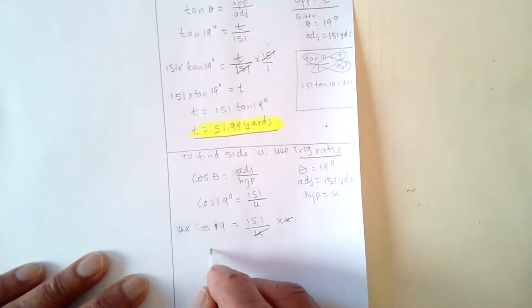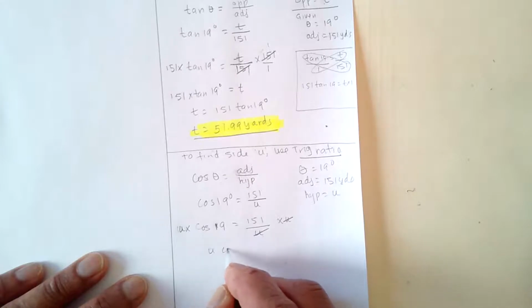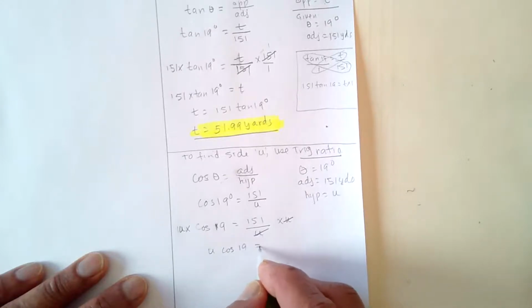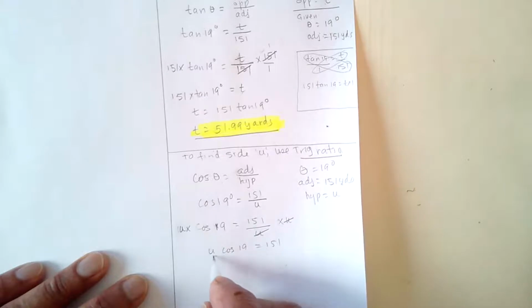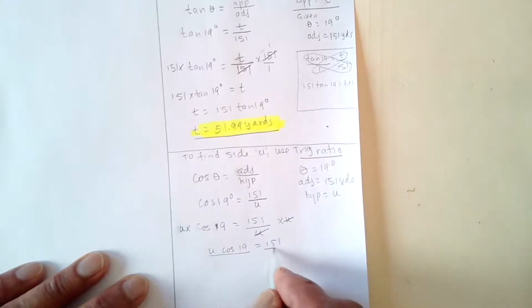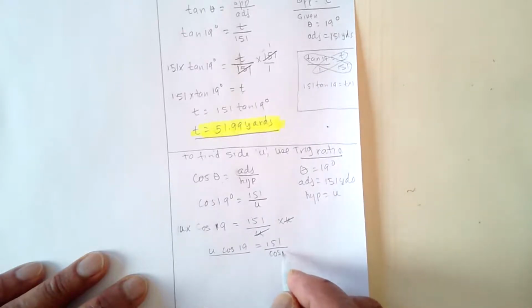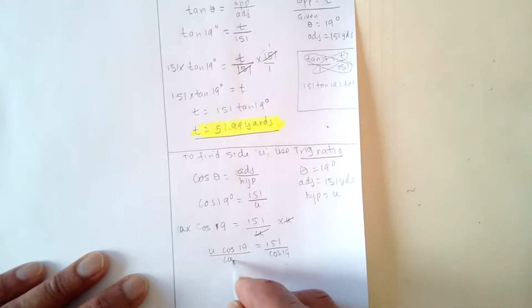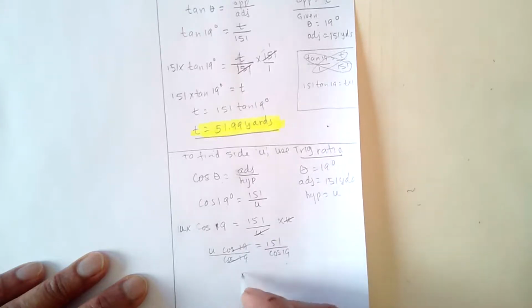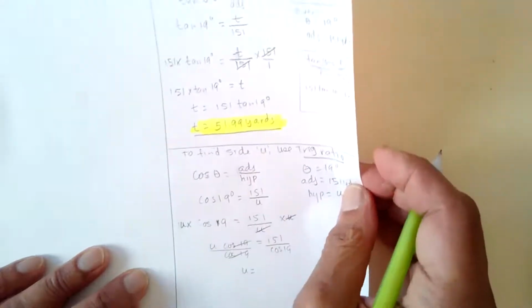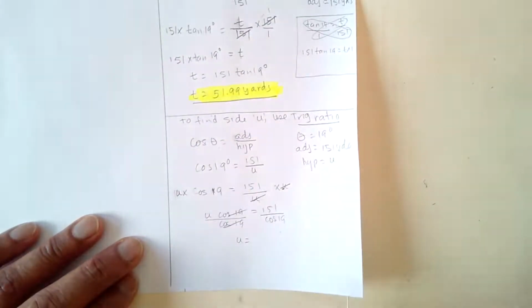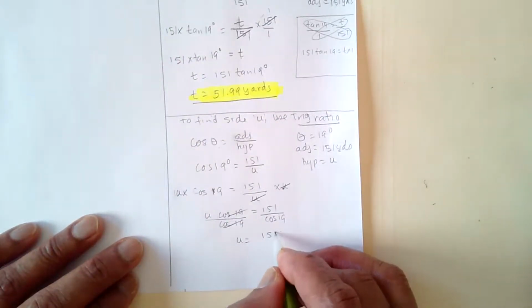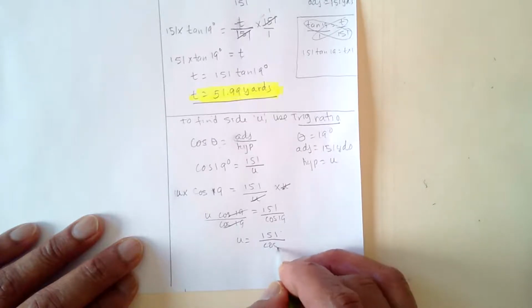Now I have u cos 19 is equal to 151. Now I need to divide both sides by cos 19 degrees. So u is equal to 151 over cos 19.